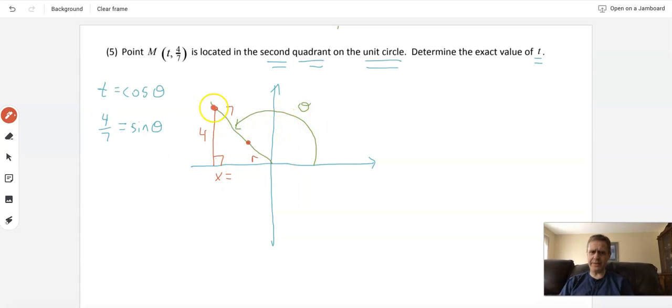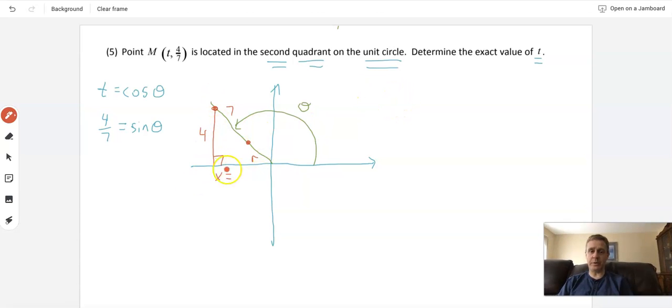And this side here wouldn't have value of 4, it would actually have value of 4/7. And I want to try to avoid really dealing with fractions in my solution. And so that's why I constructed my right triangle this way, as opposed to actually placing this point on the unit circle and drawing my right triangle from there. So this triangle is going to be easier for me to now solve for the side x because I'm not going to have any fractions to deal with, and I'll go ahead and do that now.